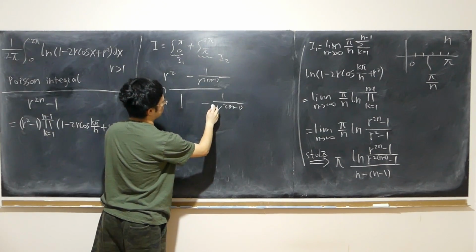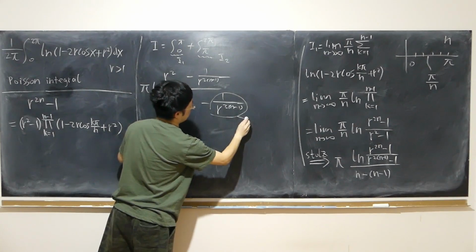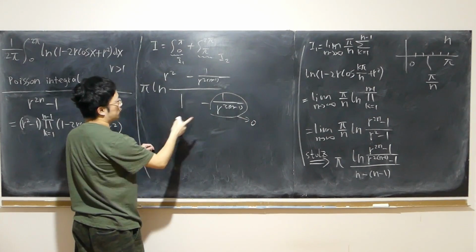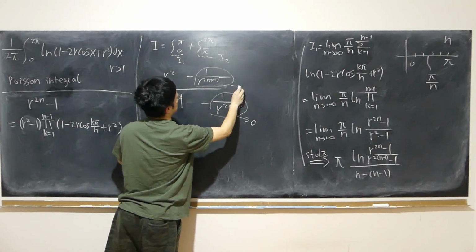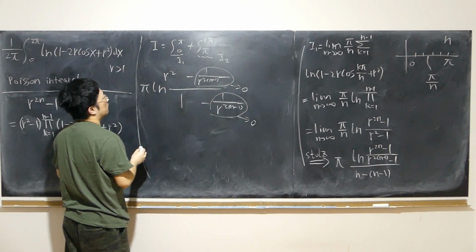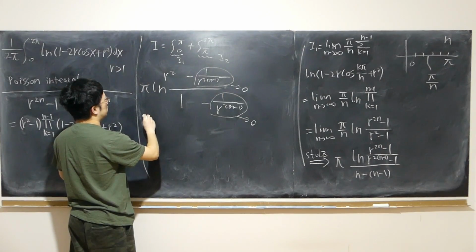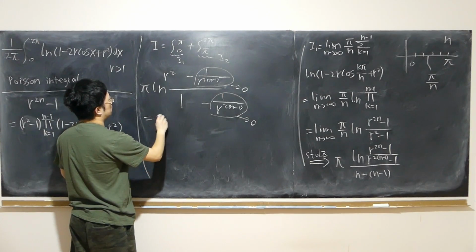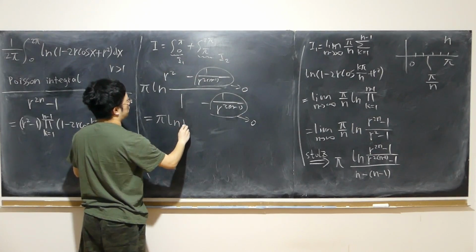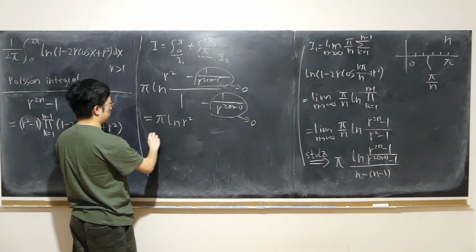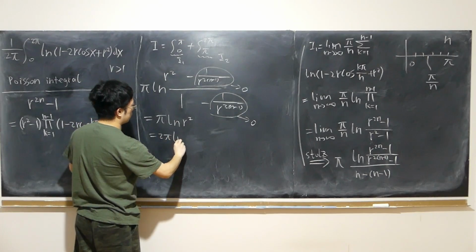This will eventually approach 0, since r is bigger than 1, and so will this one. And this stays. Eventually I have pi times log of r squared, maybe 2 pi log of r.